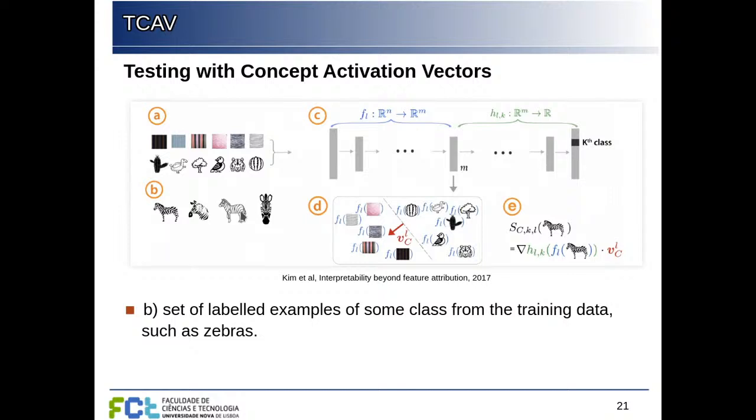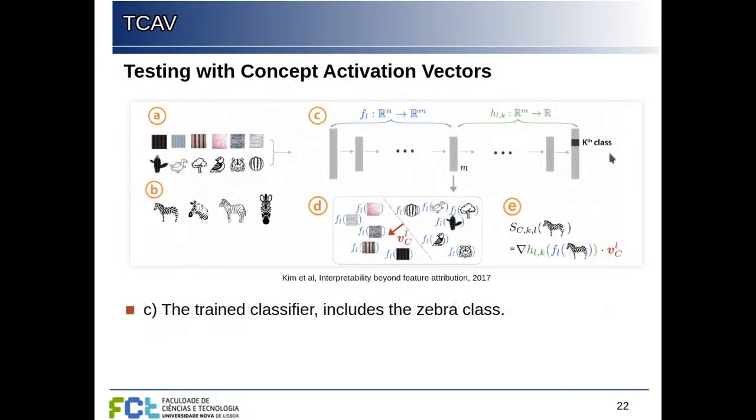Now we also have this set of labeled examples that we have in our training set, and we have one example of this that we will want to interpret. For instance, we have this trained classifier. So the network is already trained, and we choose a layer in the classifier where we're going to see how this concept is present in that layer and how sensitive the particular example is to that concept in that layer.